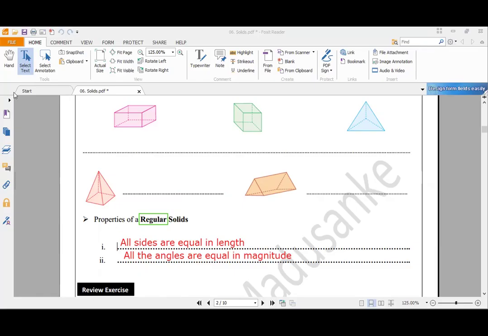That means, in a very basic way, you need to obtain identical shapes or identical faces.